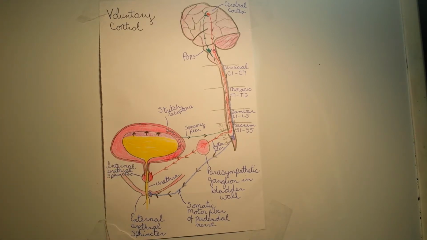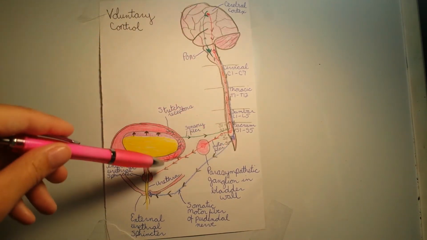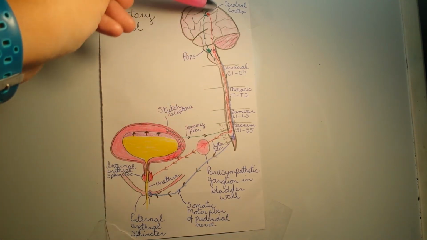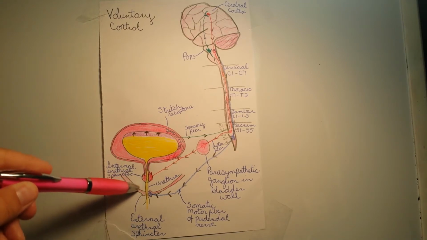The second one is when it's not time to urinate. So the signals will come all the way up. It'll go the same way, sensory fibers go up through the pons, and the cerebral cortex will receive that signal and excite spinal interneurons that will keep the external urethral sphincter, which is here, closed.